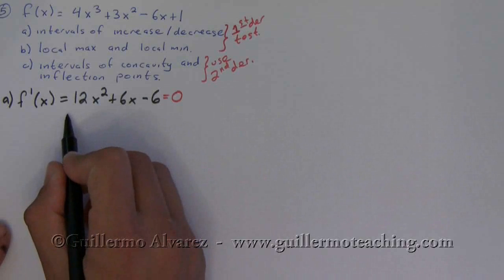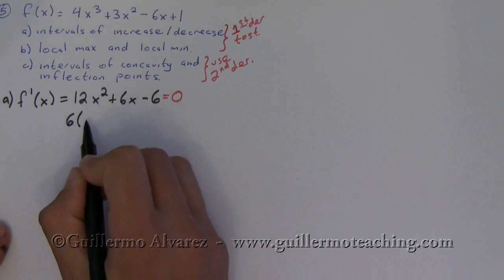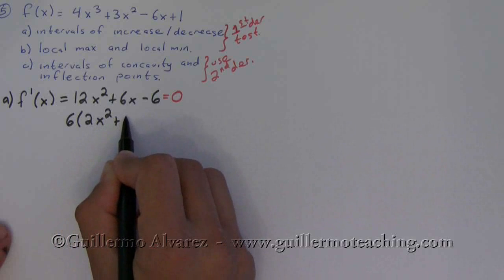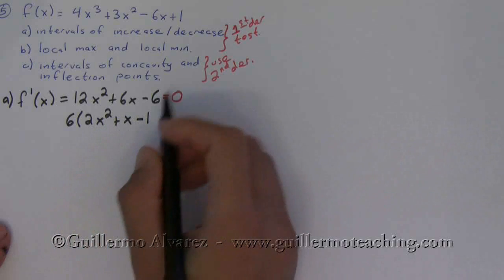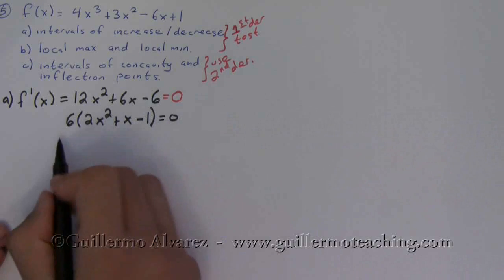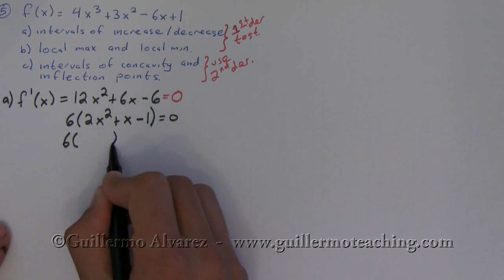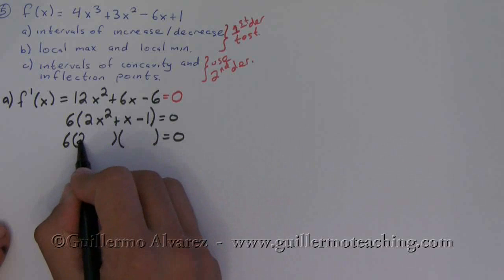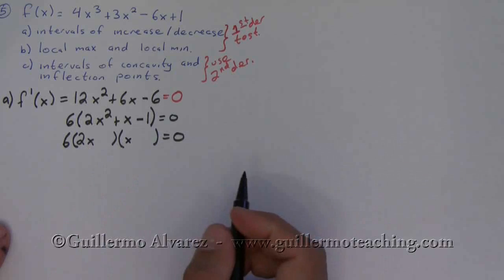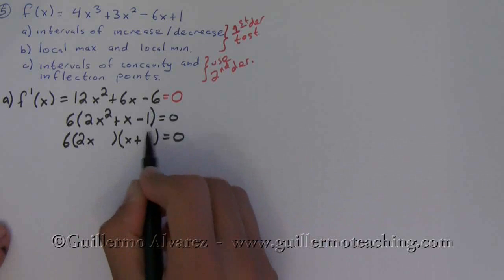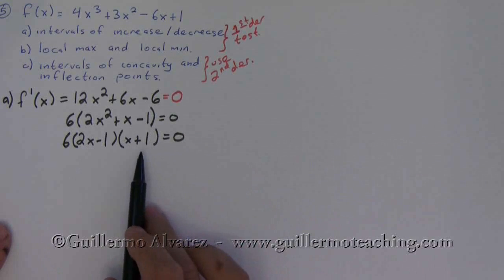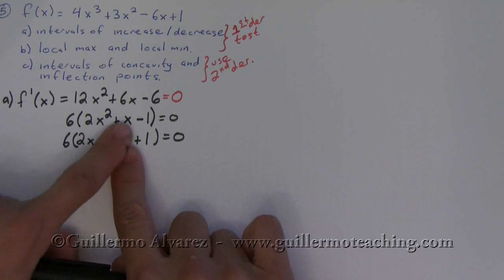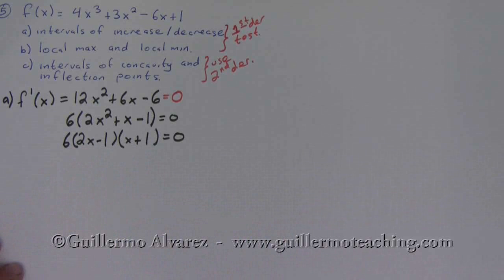So the first thing is, we notice that we can factor out a 6, and this will make the factoring a lot easier. So we would have 2x squared plus x minus 1 equals 0. And if we take a look at how to factor this, we know we need a 2x and an x, and then we would need a positive 1 and a negative 1. And this works because 2x times 1 is 2x, minus 1x would give me that x in the middle.